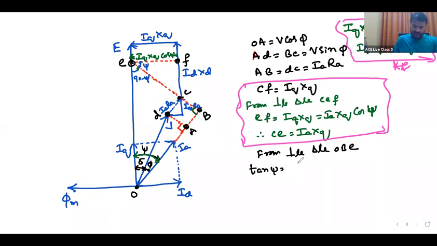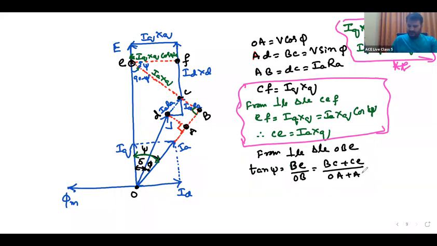We have got CE is equal to I_a X_q. Tan psi is equal to opposite side BE divided by OB. BE is equal to BC plus CE, and OB is equal to OA plus AB.